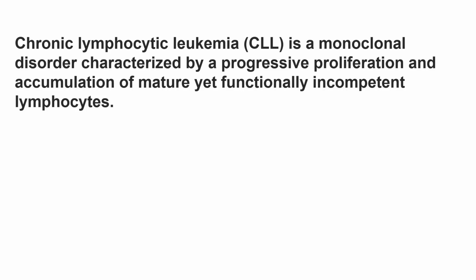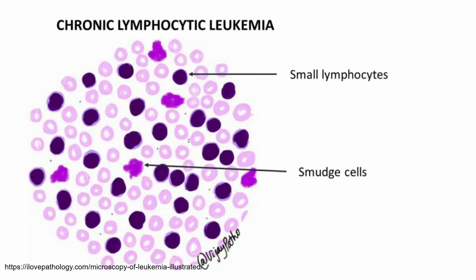Then there comes the chronic lymphocytic leukemia. Chronic lymphocytic leukemia is a disorder characterized by progressive proliferation of mature but functionally incompetent lymphocytes. The lymphocytes would have the same morphology as the normal. They are mature cells, unlike lymphoblasts, but they are functionally incompetent.